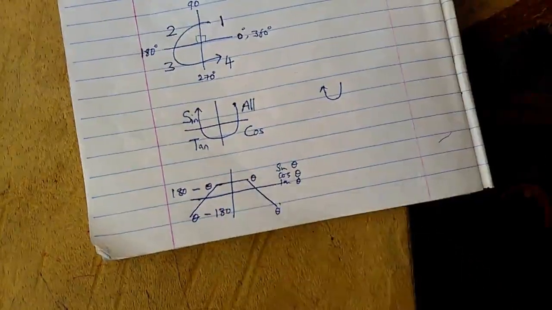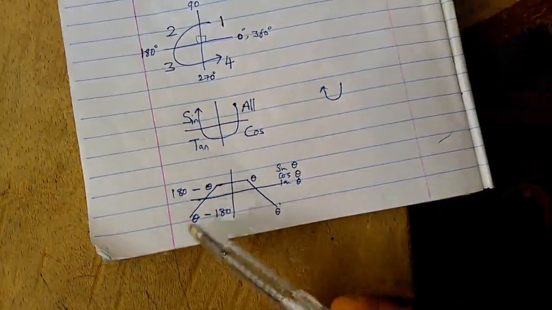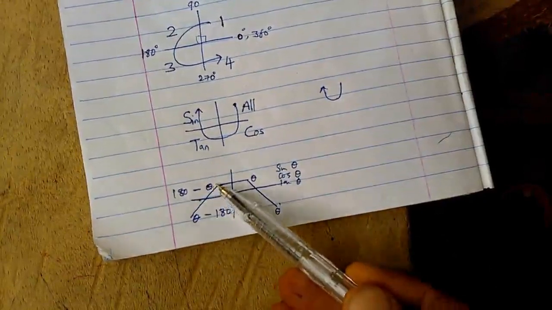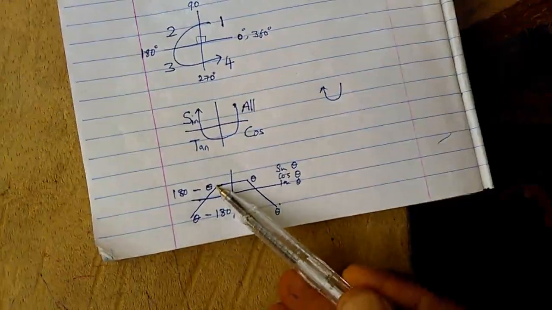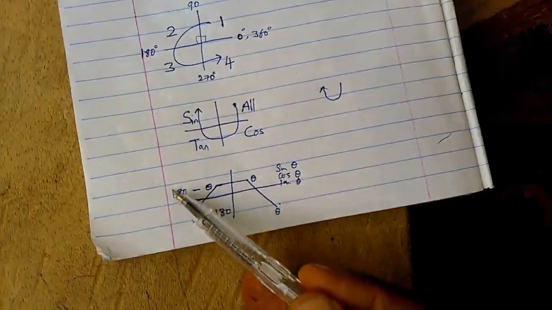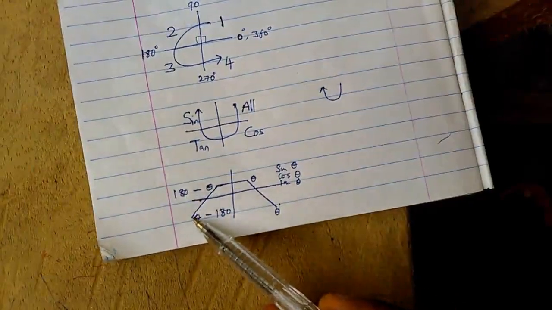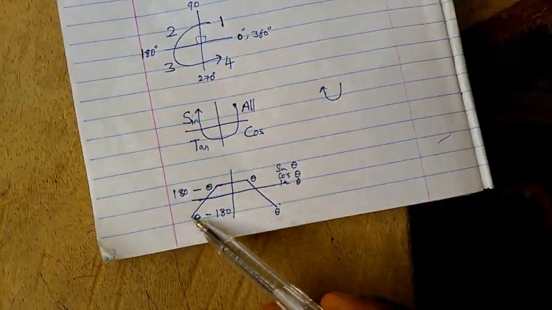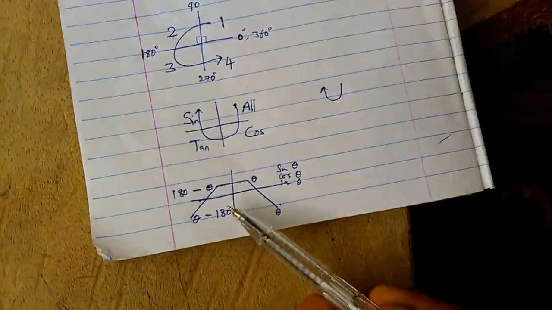With this pattern, you'll be able to get that. At the vertices, you have theta. So, if you have theta here, the space is on this side, so you put 180 minus theta. For the other quadrant here, the space is on this side. You put theta here, the space is on this side, so you have minus 180.